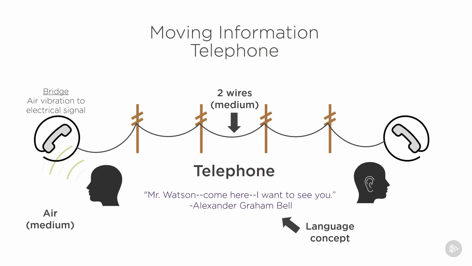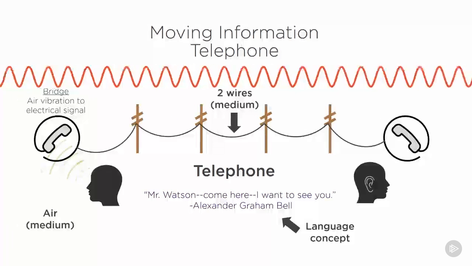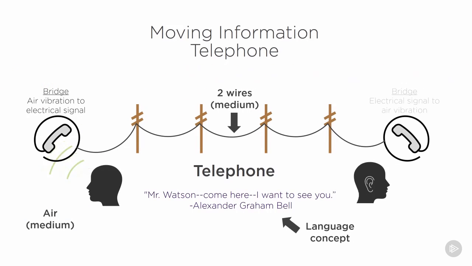That electrical signal is then sent over the same two wires that we used for our telegraph, which then in turn makes the speaker of our telephone at the receiving end vibrate a little bit, which vibrates the air, which then allows Watson at the other end of the phone call to hear the message that Bell sent. Once again here, we are converting from one mechanism of communication via vibrating air and our vocal cords into a different communication pattern to put it over two wires and then converting it back again.